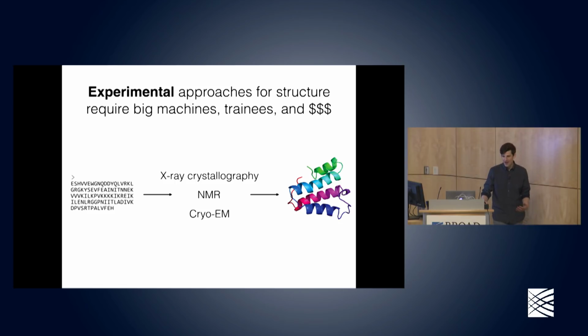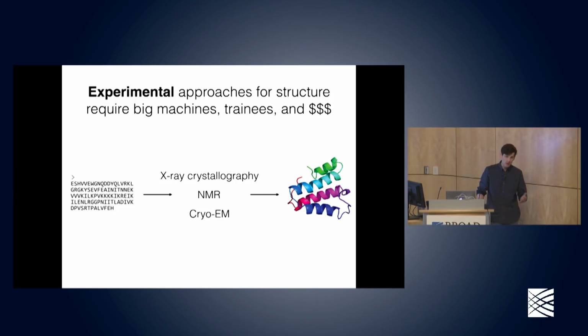These are all non-trivial barriers to entry, and so whenever we use experimental structural biology approaches, we have to be very careful with how we allocate these resources on what kind of structure problems we pursue. As a consequence, we're limited in how much of the structure universe we can peer at.